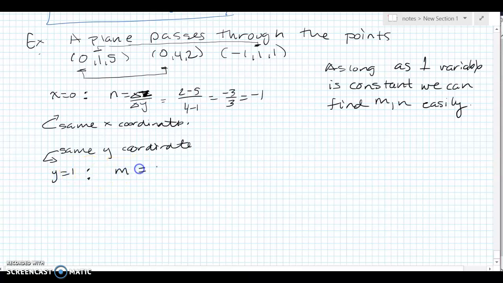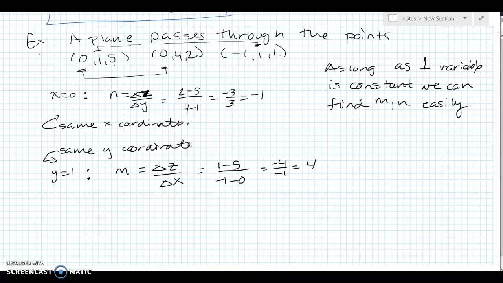So m will equal the change in z over the change in x. Change in z, so I have 1 minus 5, divided by minus 1 minus 0. And so we get minus 4 over minus 1, which is 4.